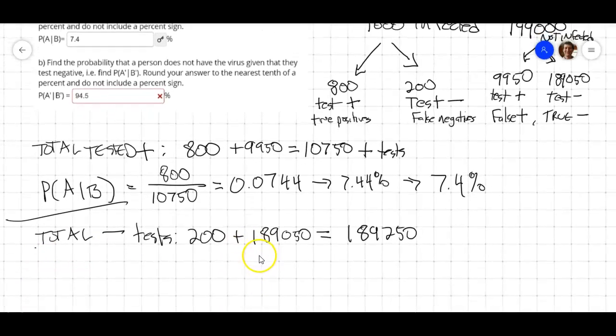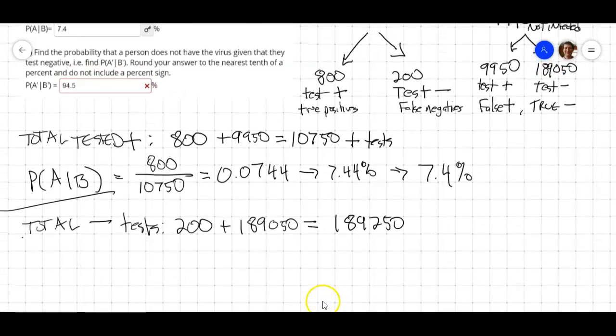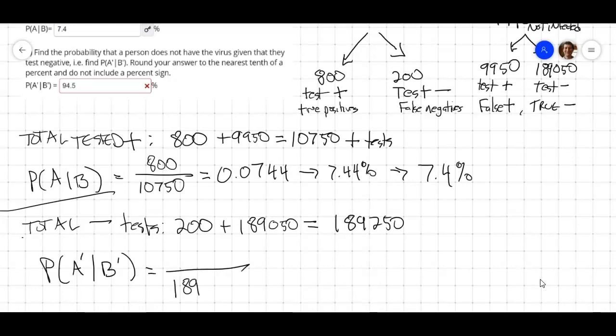So the probability that the person does not have the virus, so if A is they have the virus, that's the opposite of that, not have the virus, given that they tested negative, the denominator is the total number of people that tested negative, and most of those people do not have the virus.